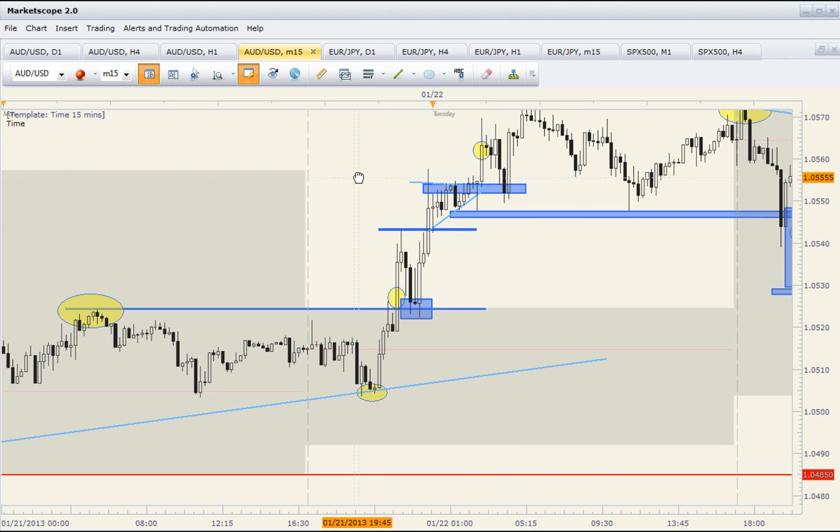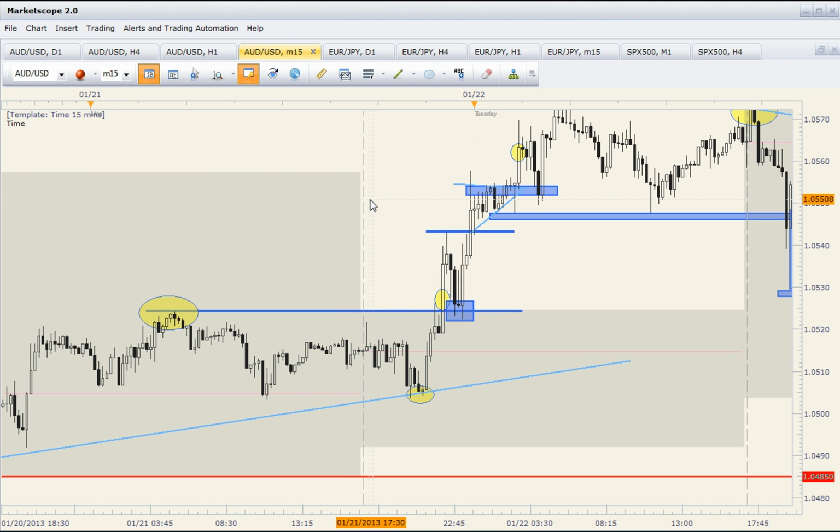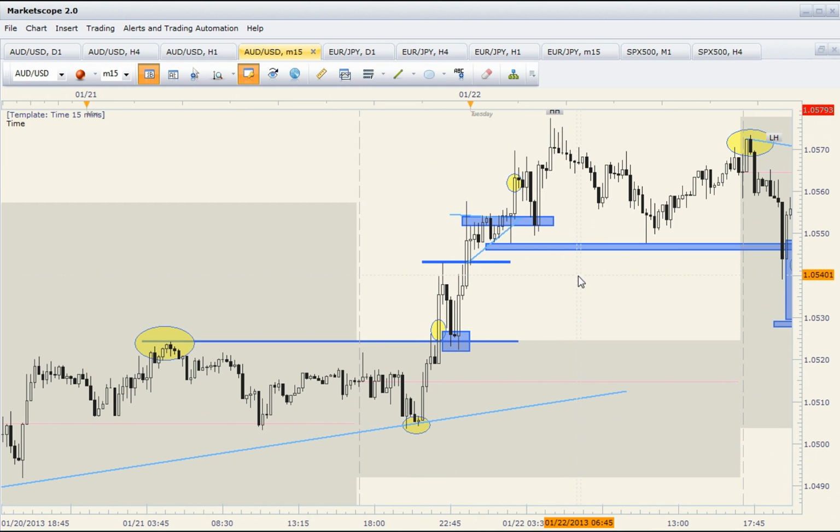Now that's what happened. But what didn't happen? What didn't happen was price did not come back down here. And it means something. It meant that there was so much buying, or lack of selling, that price kept moving higher and higher.